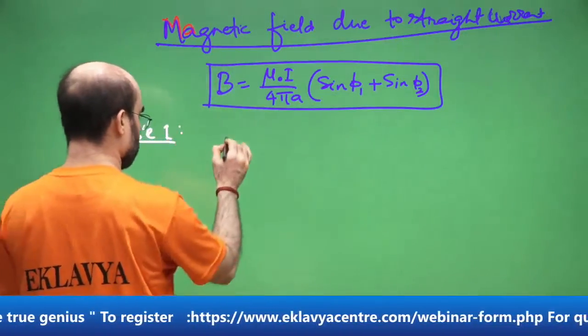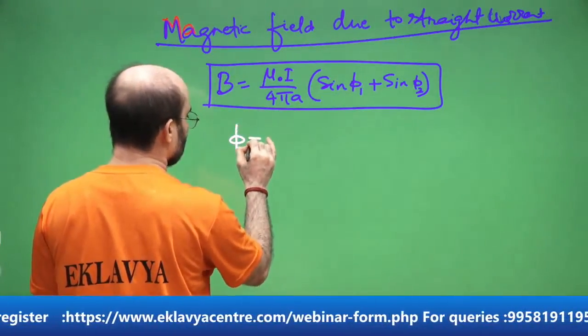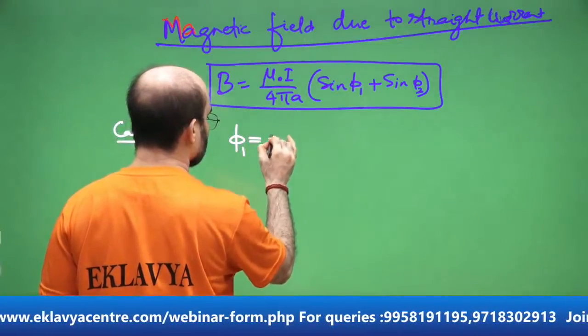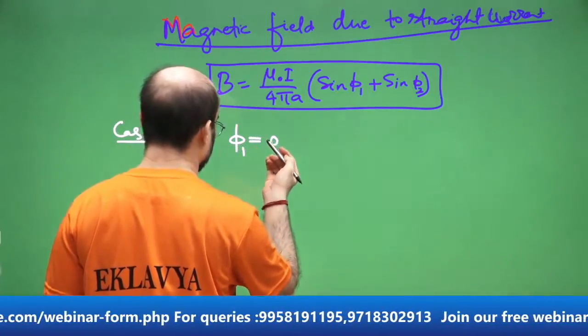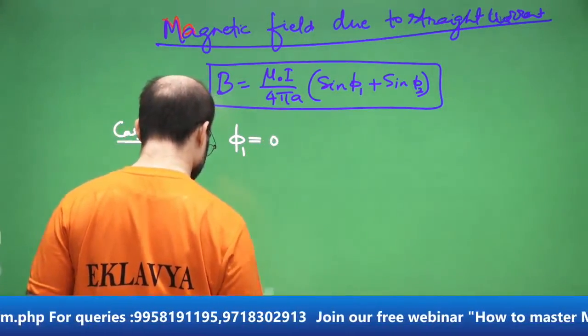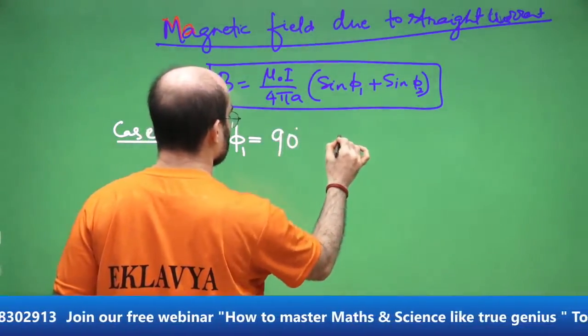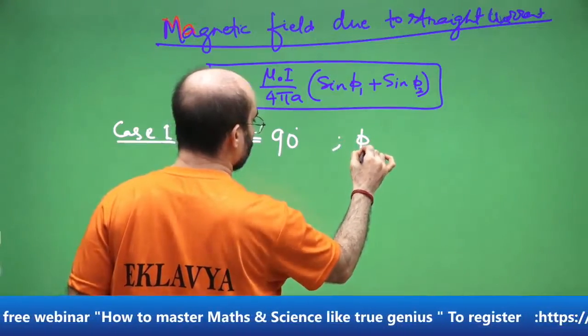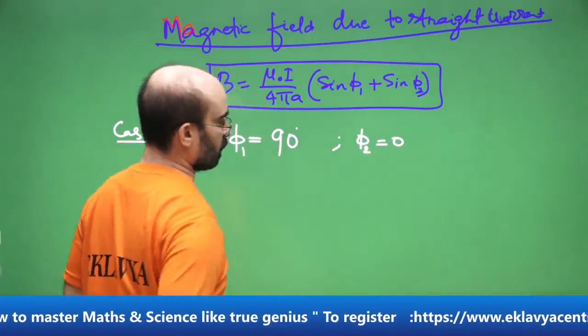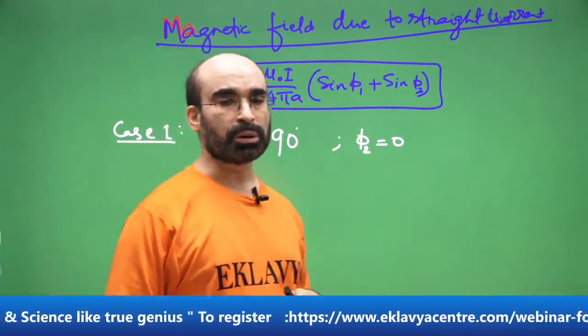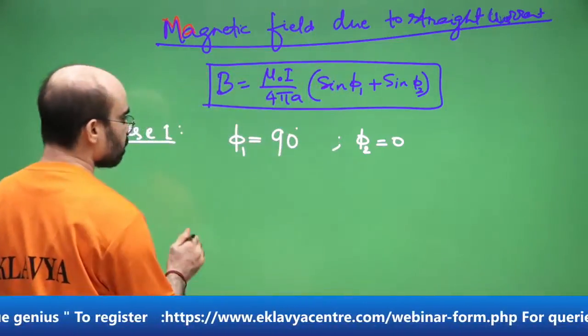So if phi 1 equals 90 degrees, phi 2 equals 0, let us talk about this. What will happen?